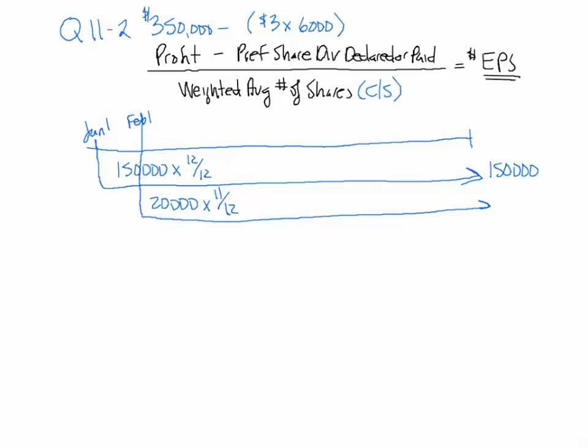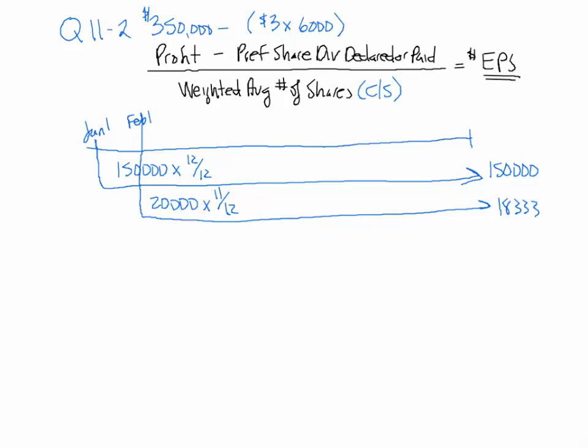So 20,000 shares multiplied times 11 over 12 is equal to what? What is the weighted amount of shares? Weighted for the period of time that they've actually helped contribute to the company. 18,333, and we just round it to the nearest full share.